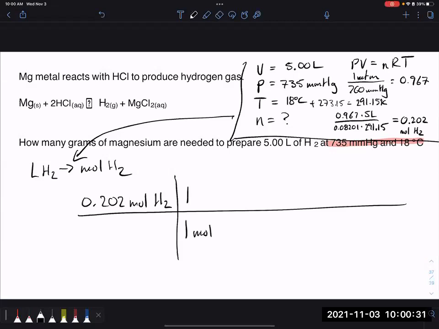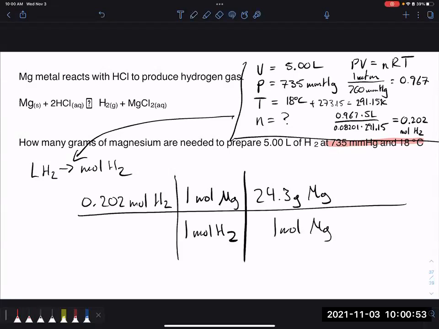So 1 mole H2, 1 mole magnesium. God, I gotta figure out what's going on with this Apple Pencil. 24.3, yeah, grams of magnesium per 1 mole magnesium.